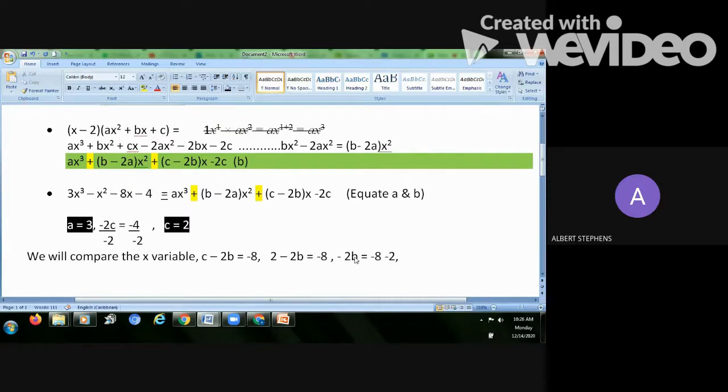And so you have negative 2b equal, I hear someone saying, negative 10. And then now we're going to divide everything here by what? 2. Negative 2. Negative 8.